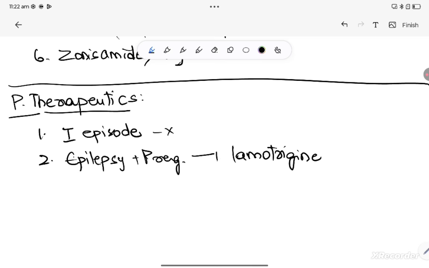Not directly replacing; we slowly taper the previous anti-epileptic agent, and we also add folic acid in very high doses as well as vitamin K for the mother. This is with respect to epilepsy with pregnancy.